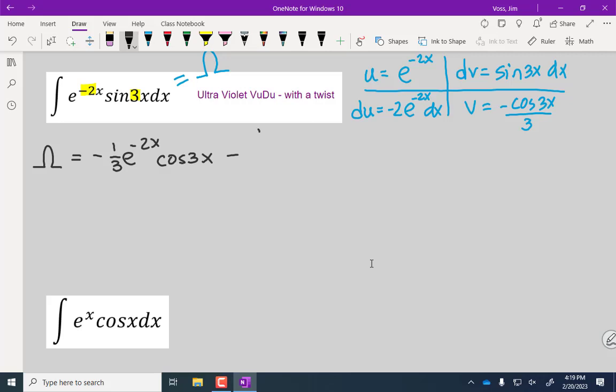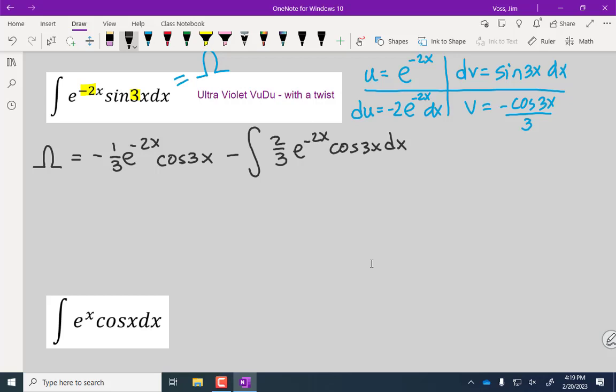So minus the integral of v du. v du is positive. Both v and du are negatives. So when you multiply these two together, you get a positive. So this minus out in front is just going to stick around. So we're going to have 2/3 e to the minus 2x cosine 3x dx.